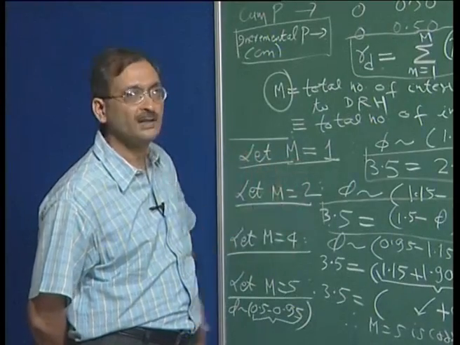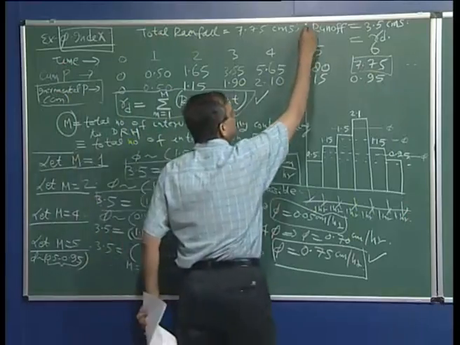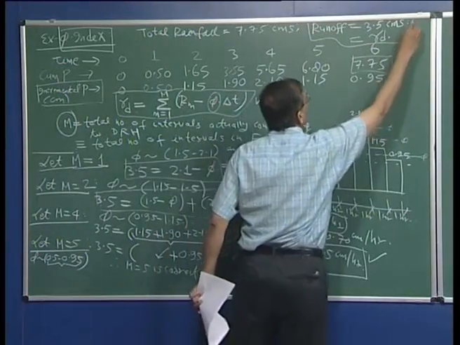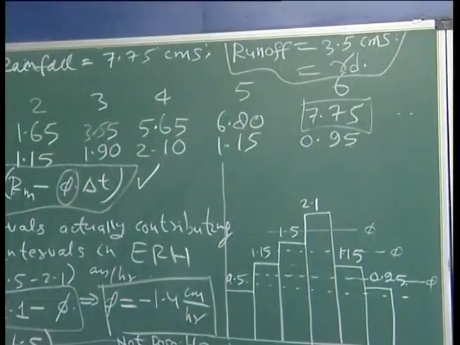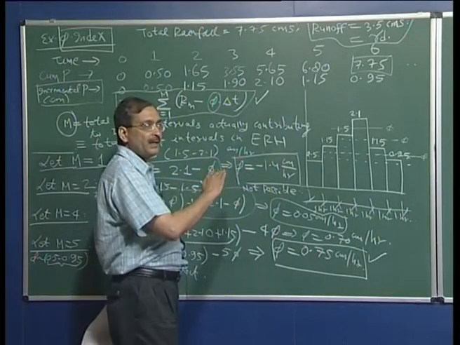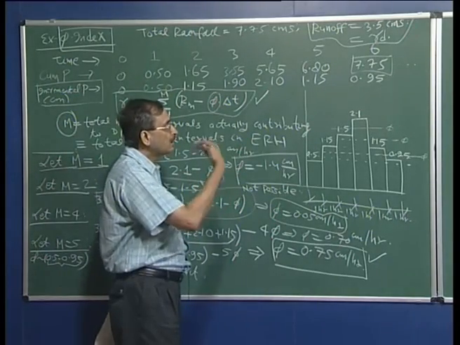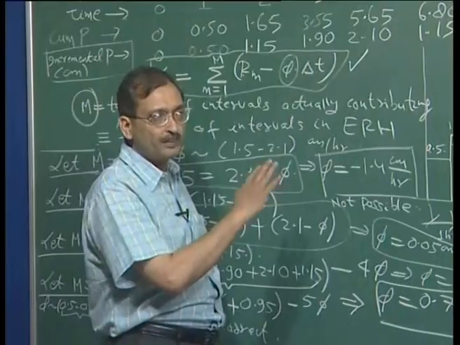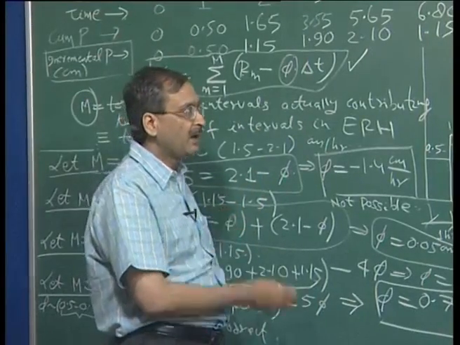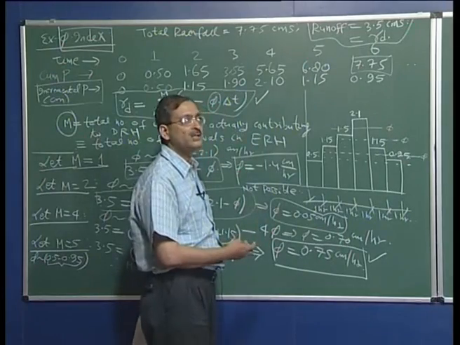For example, you know that runoff is how much? 3.5. So, when you draw a line, or initially when you guess, your initial guess should be such that your runoff is more than or equal to or approximately 3.5. I started with phi here, but this was only for demonstration purposes.